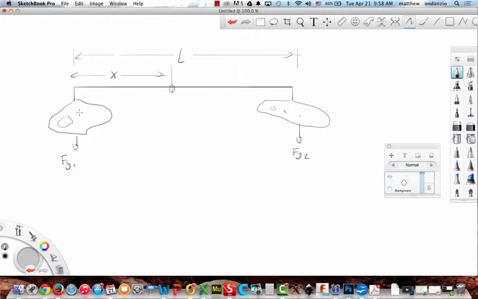All right. Now let's do the sum of the torques. If I draw the free body diagram for this thing, what are my forces? I have Fg1, I have Fg2. Is that the only force I have? What's the other force? The rope, or the normal force, and is it going up or down?